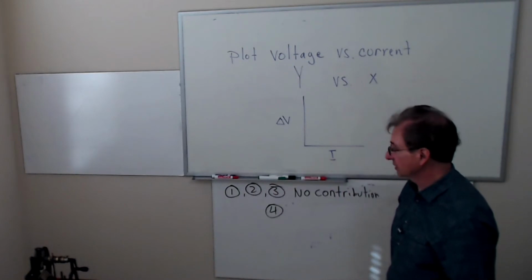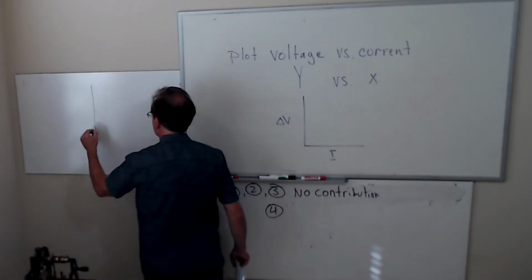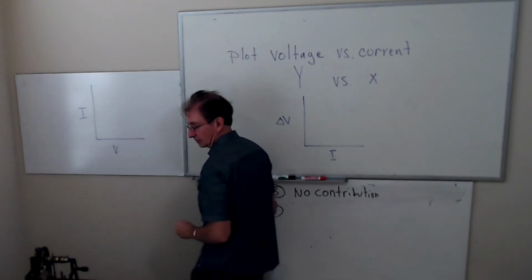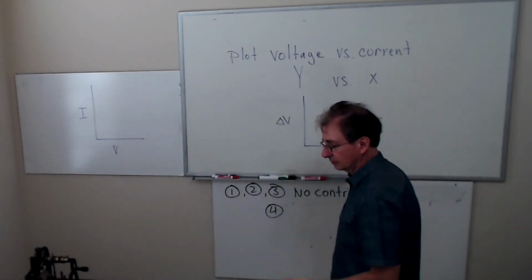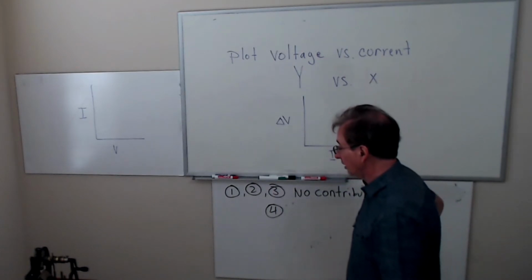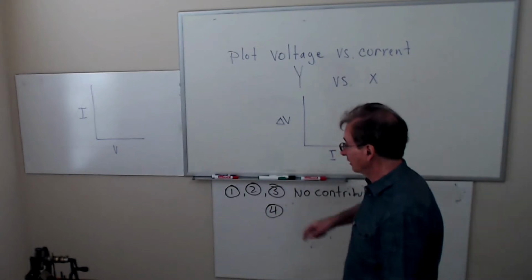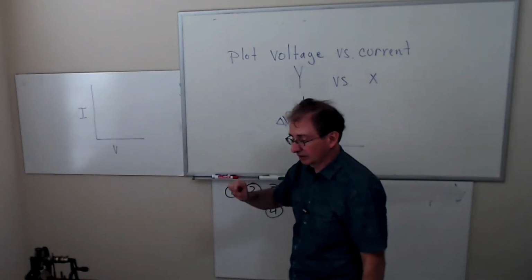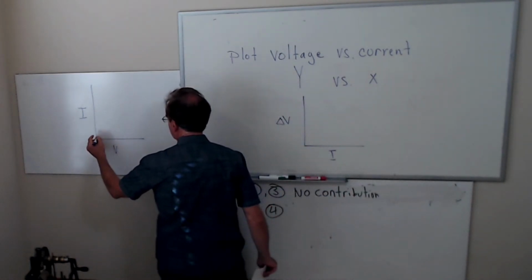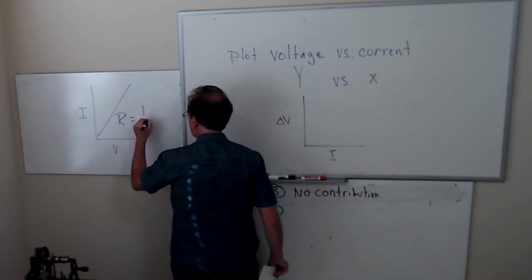A lot of folks plotted I versus V. They did it backwards. And they did take off a point, and the reason being is that the analysis people did from that was incorrect. So you do get a graph, you get a slope, but the resistance here is 1 over the slope.